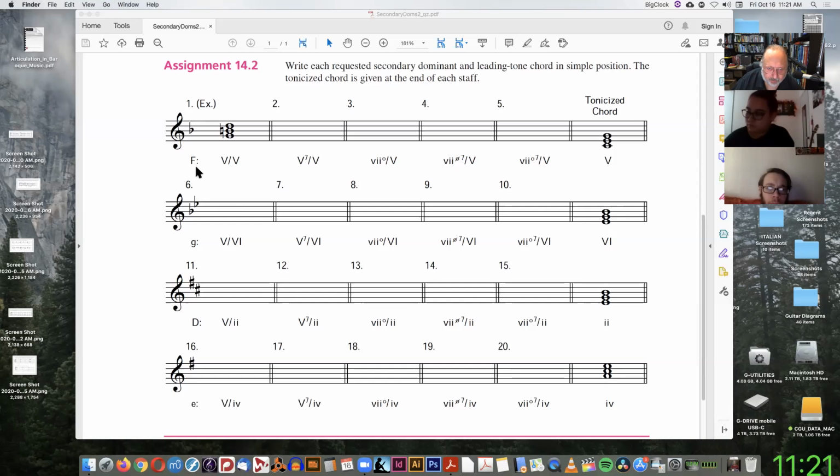So the 5 of F equals C, right? Because the F triad is FAC, and there's our 5. So C is our target here. So now what's the 5 of C? So you go C, E, G. So there you have it. G, GBD.